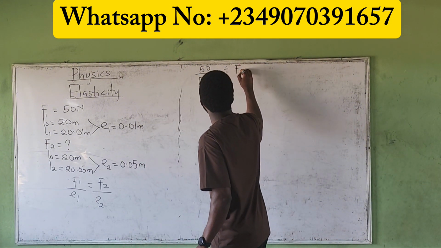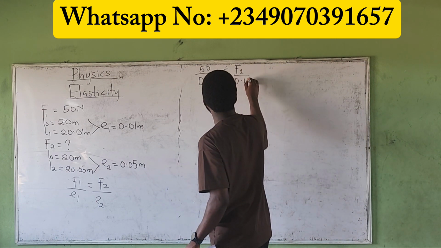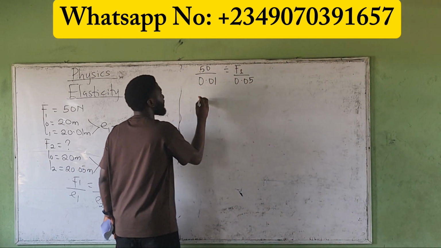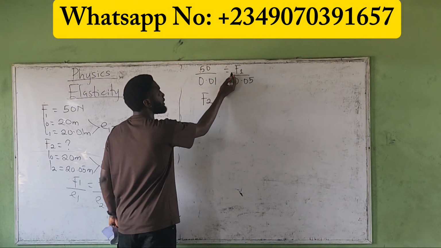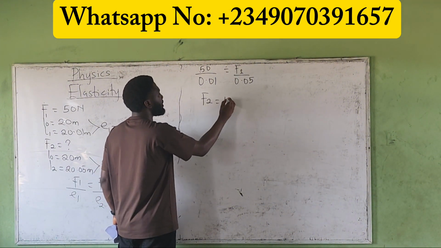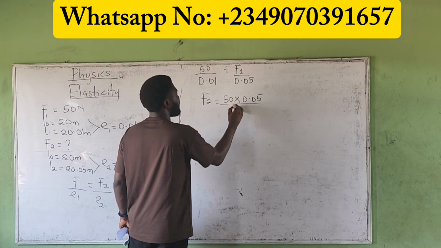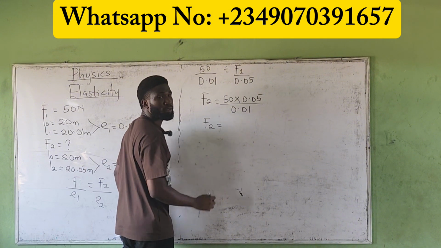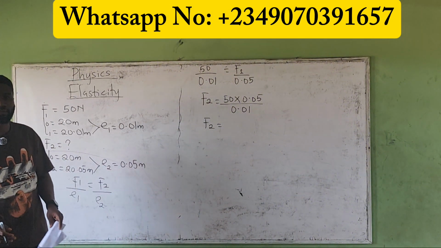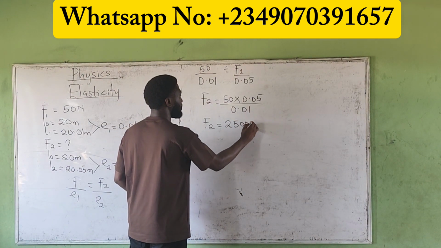And what is E2? 0.05. So looking for F2, we don't need to cross multiply; F2 is facing this side. So we need 50 multiplied by 0.05 over 0.01. And what's the answer there? 2.5 over 0.01, so the final answer is 250 newtons.